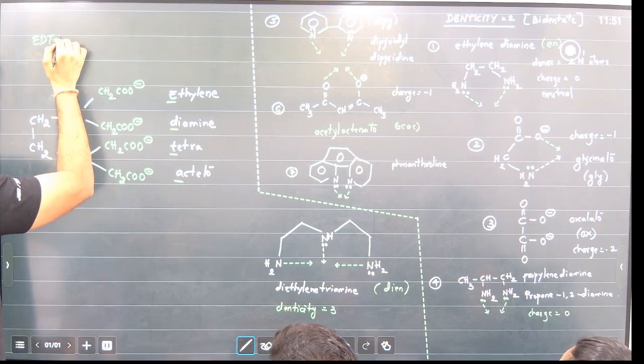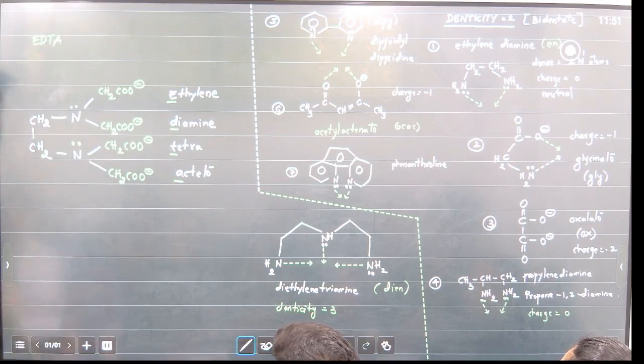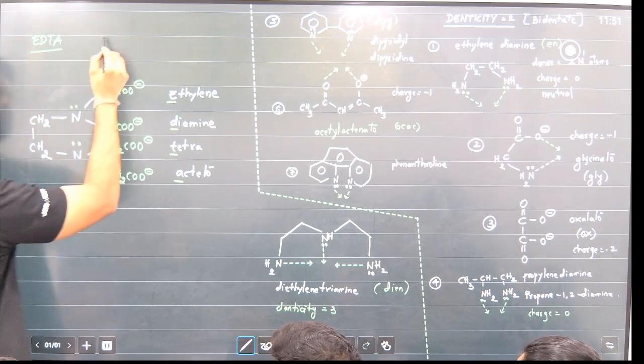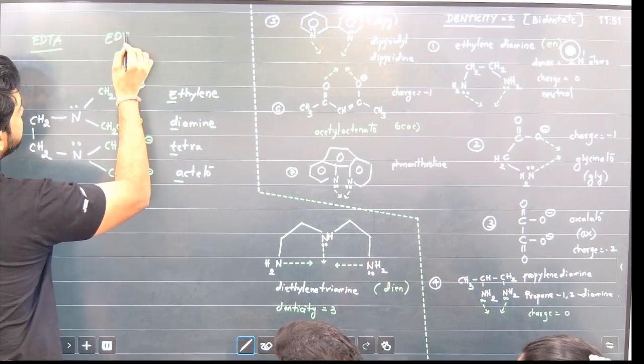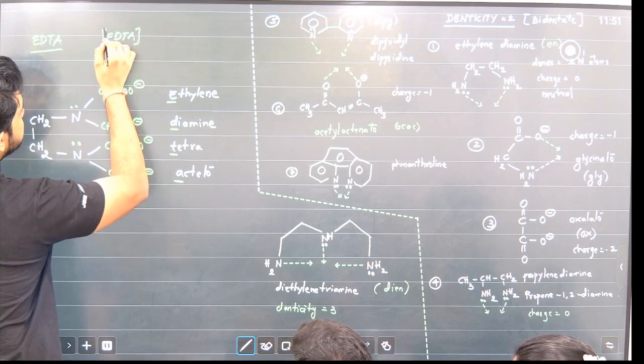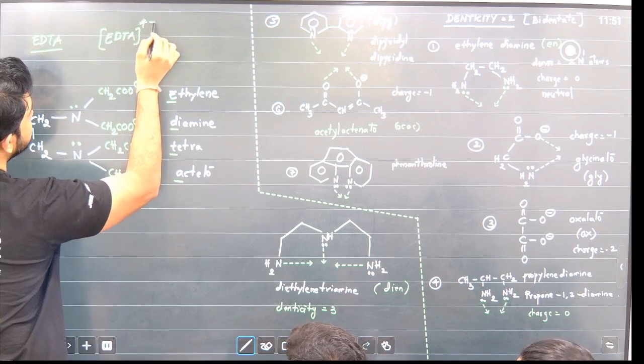EDTA. Where did we study this? D block elements, maybe did EDTA. What's the charge here on EDTA? So EDTA charge is -4.